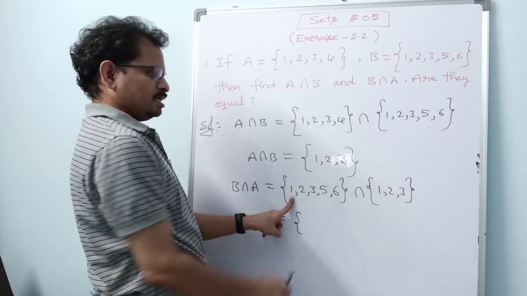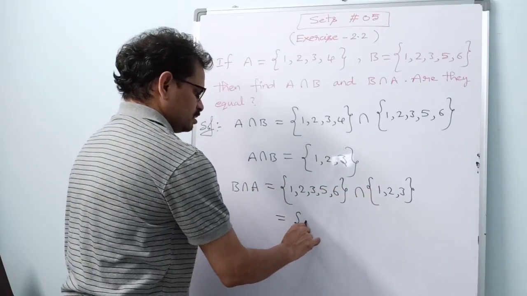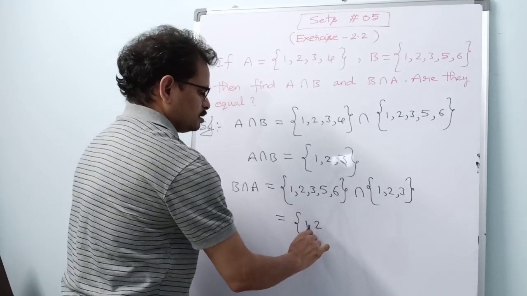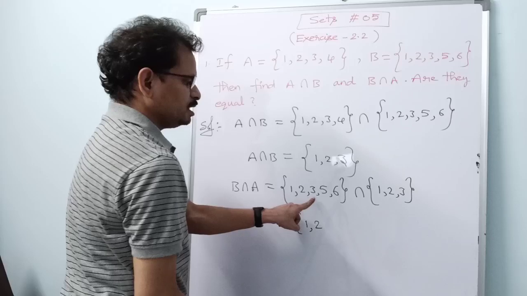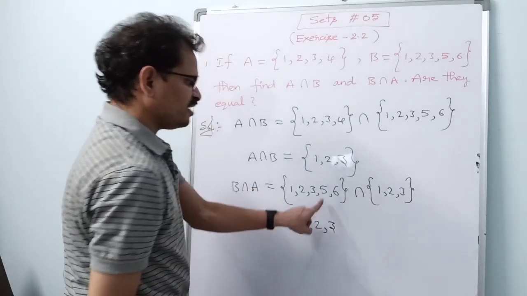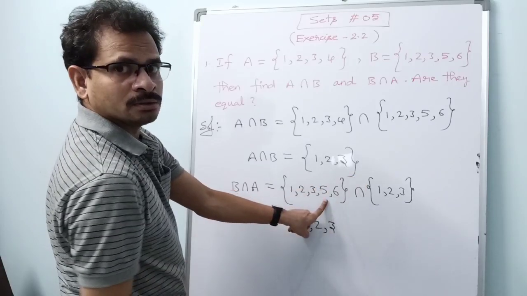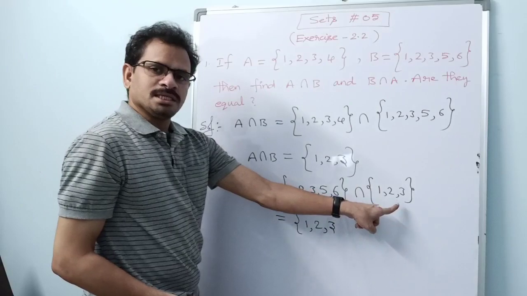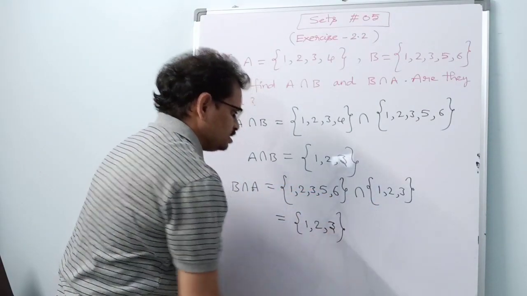Choose 1 here. Is 1 there or not? Yes, it is there. 2 is here, 2 is there. Yes. So 2 is also common. 3 is here and also there. So 3 is also common for both the sets. 5 is here. Is 5 there? No. So 5 is not a common element. 6 is here. Is there 6? No. So only these three elements.